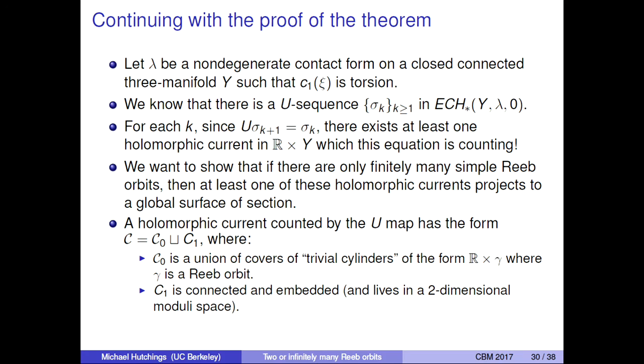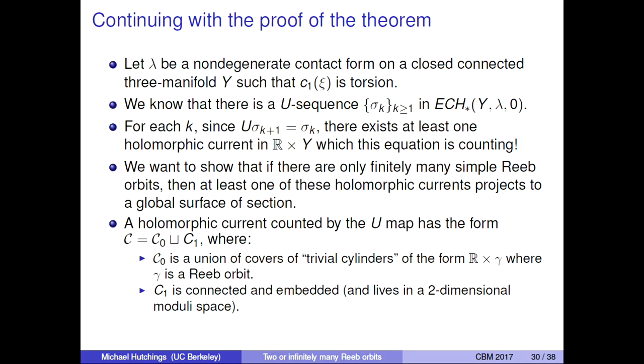The assumptions: lambda is a non-degenerate contact form on a closed connected three-manifold, and the first Chern class of the contact structure is torsion. I know that there's a U sequence from the previous lemma. And that means that for each k, there is a holomorphic curve which is counted by the U map from sigma k plus 1 to sigma k. So this is very important.